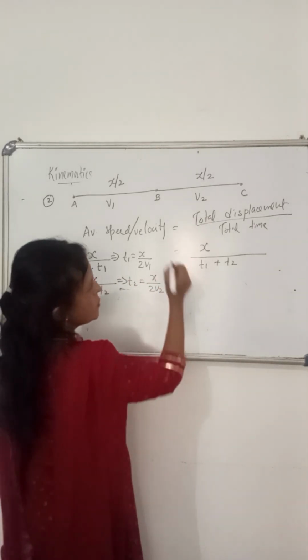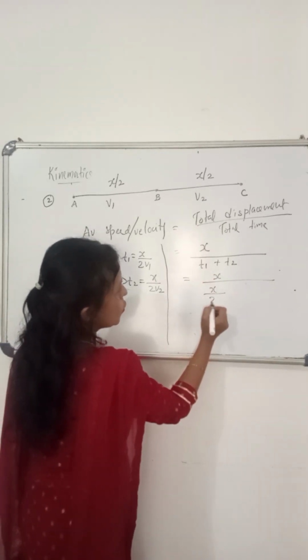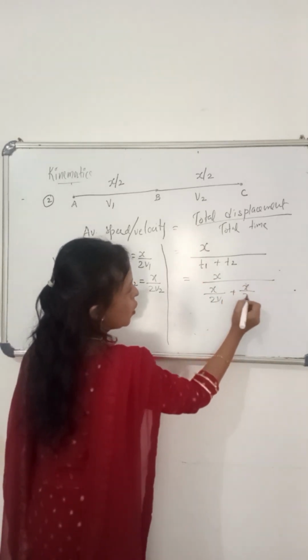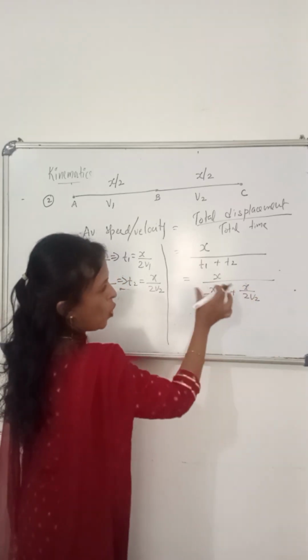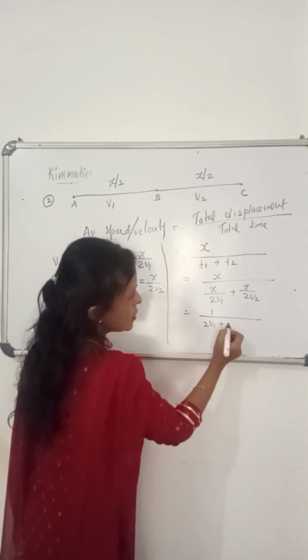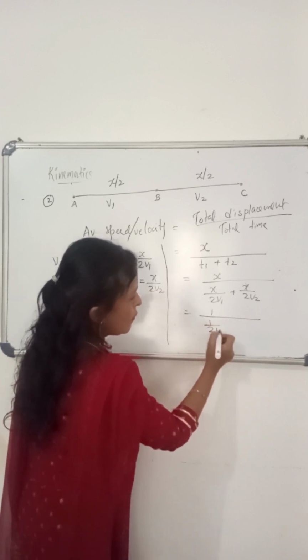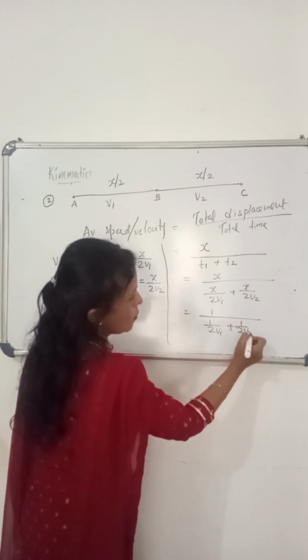Just substitute: x divided by x by 2v1 plus x by 2v2. The common x cancels. So 1 divided by 1 by 2v1 plus 1 by 2v2.